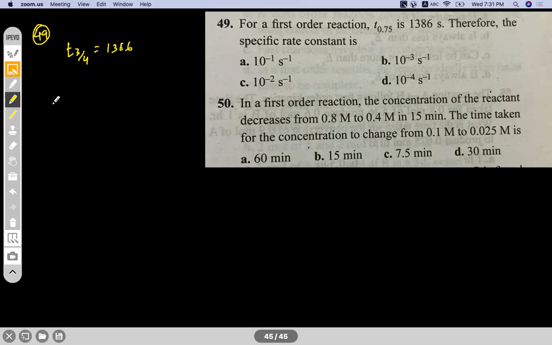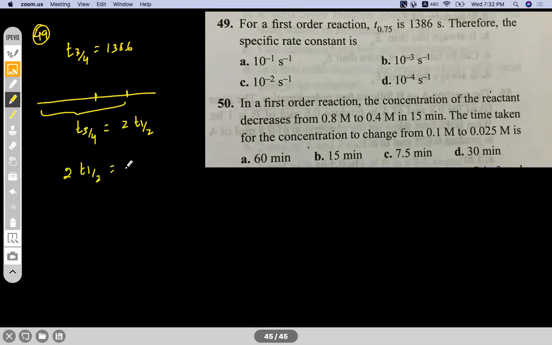We have the reaction, T half plus one more T half. From here to here, it is T 3 by 4, correct? So T 3 by 4 is always equal to 2 times T half. So 2 times T half is equal to 1386, given in the question.